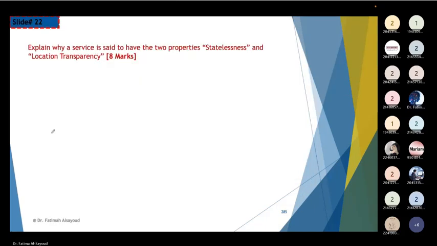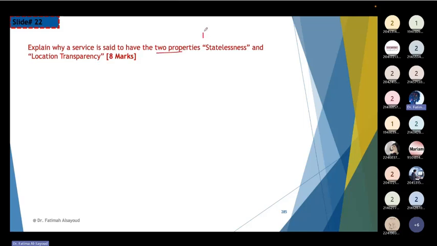Okay. So explain why a service is said to have two properties. Now, one of the things mentioned in your slide is that services have two properties, which are stateless and location transparency.